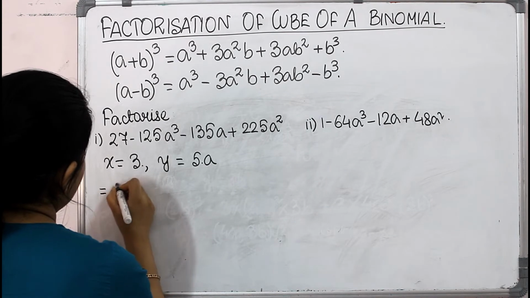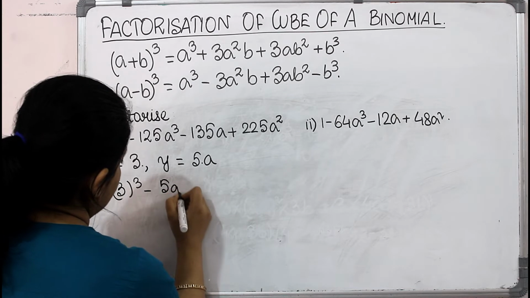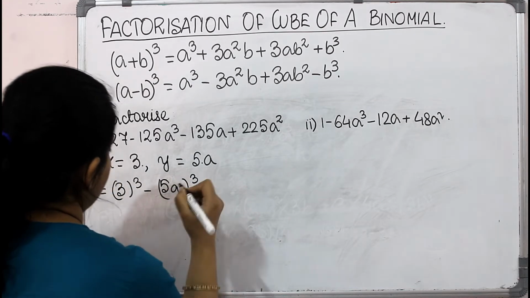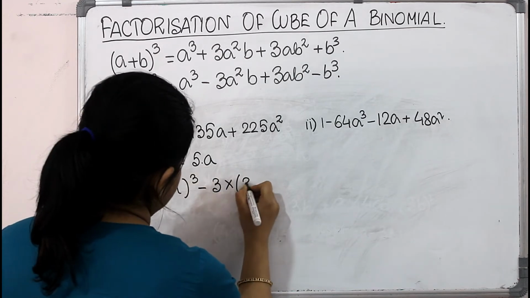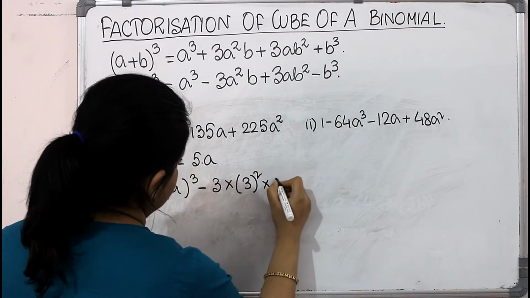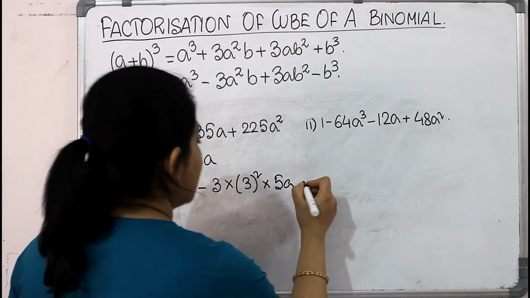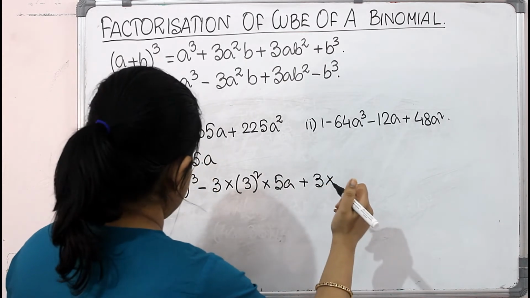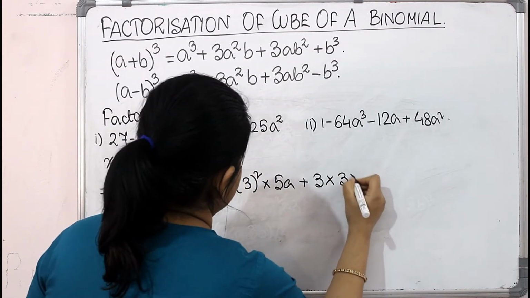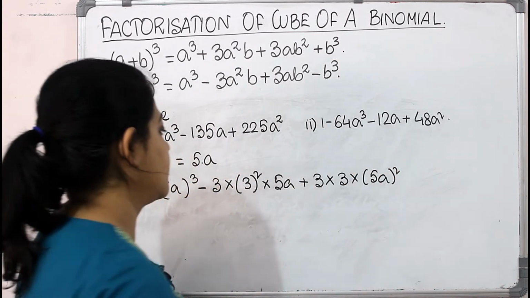So 27 minus 125a cube gives us 3 cube minus (5a) whole cube, minus 3 into 3 square into 5a, plus 3 into 3 into (5a) square.